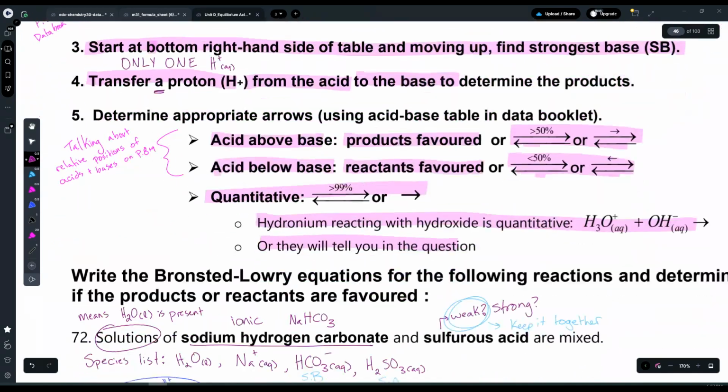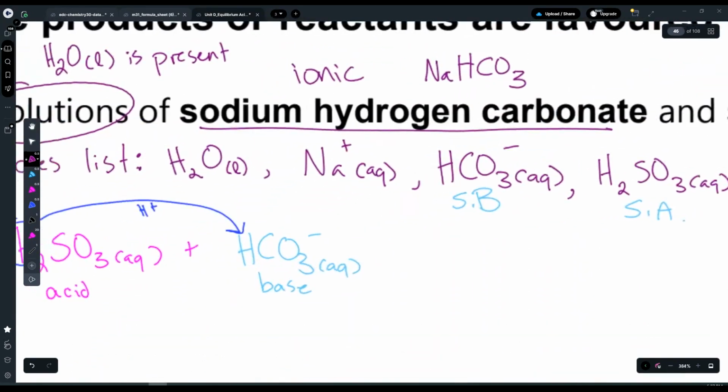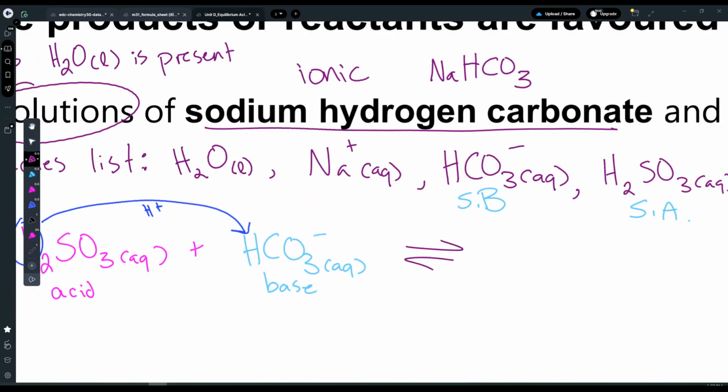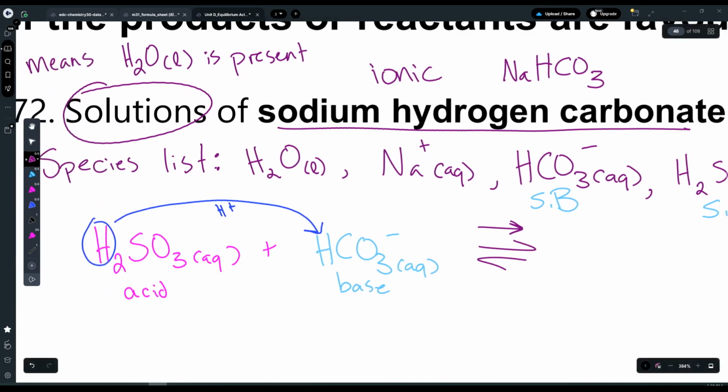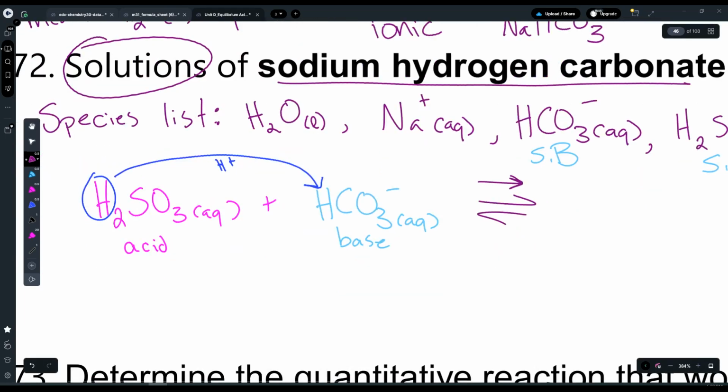So what I need to write, I'm going to write the reaction arrow as an equilibrium, and then I'm going to write the forward reaction here. So I'm trying to communicate that the forward reaction is favored here because I've got two weak substances, a weak acid and a weak base.